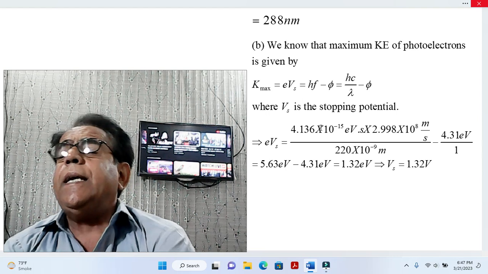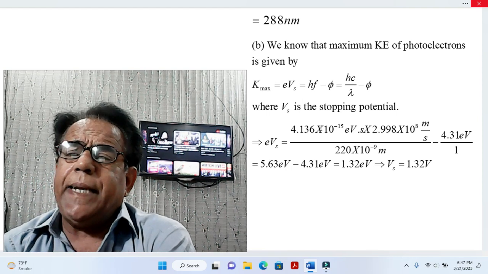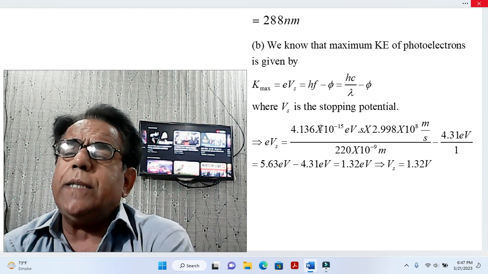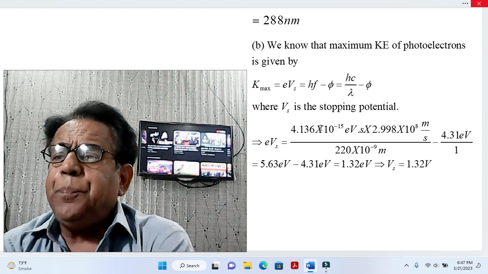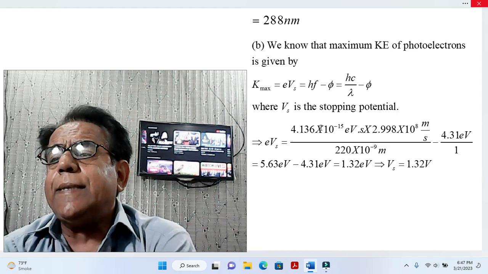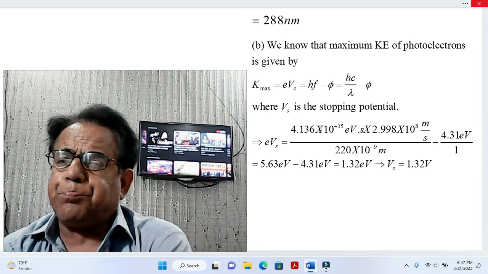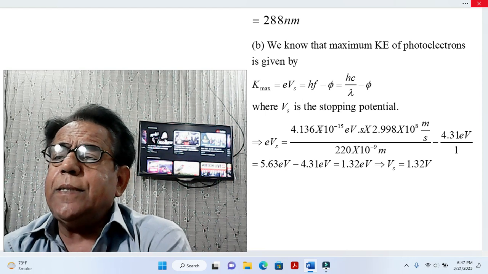Okay, here dear students, we will not take K max. This is only by definition. We will here use its equivalent value, that is eVs is equal to hc over lambda minus phi, where Vs is the stopping potential.